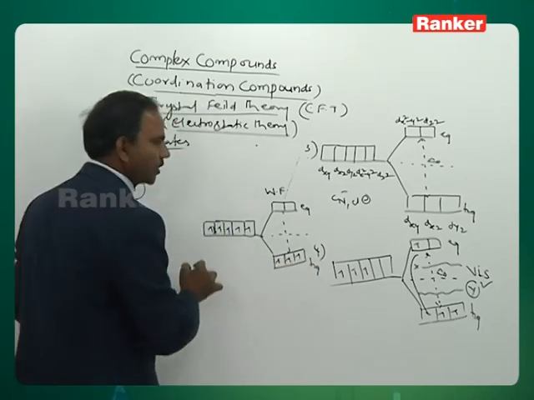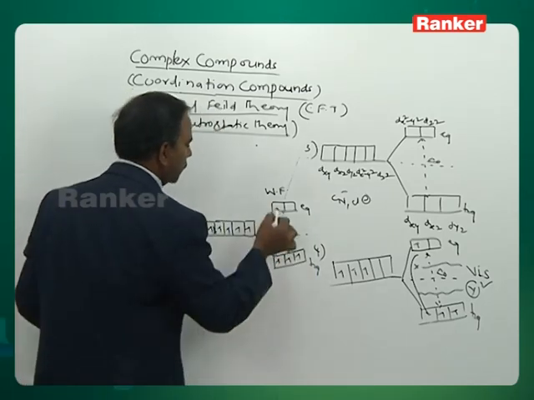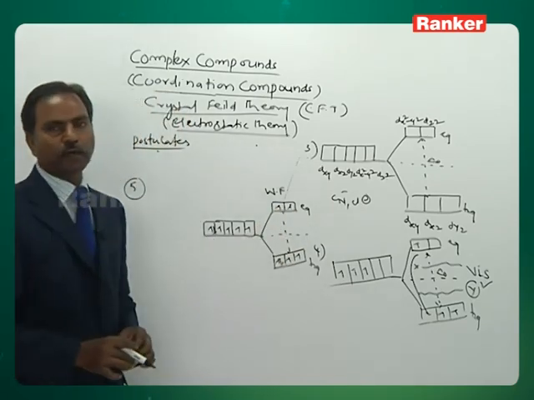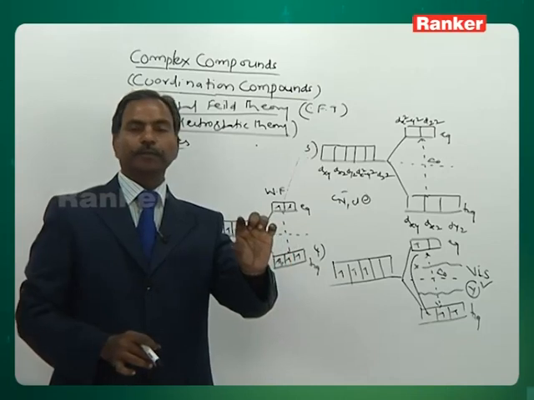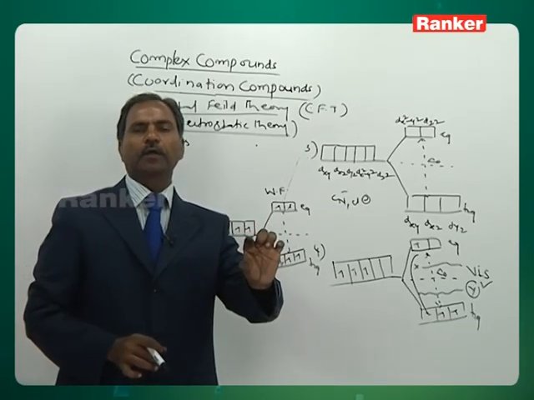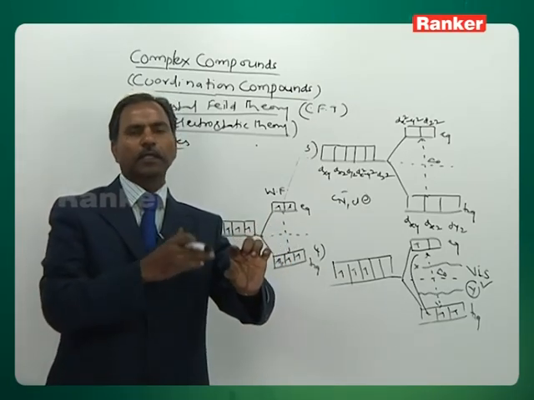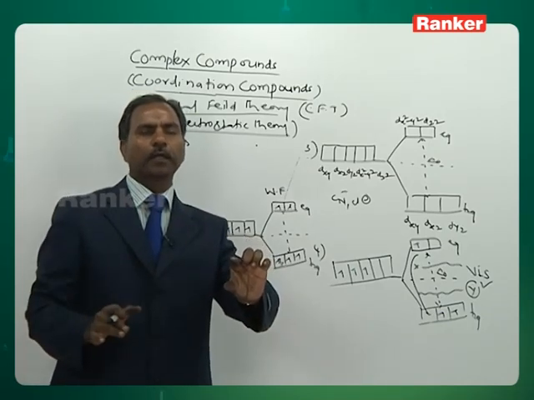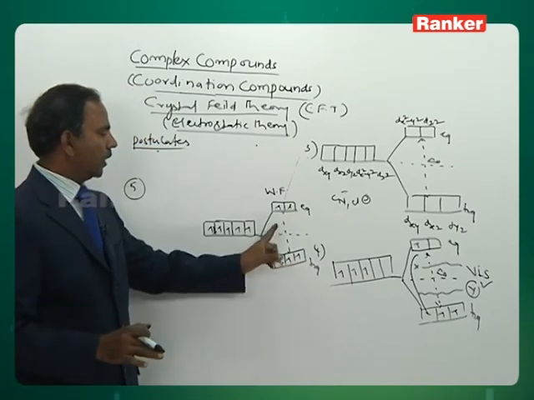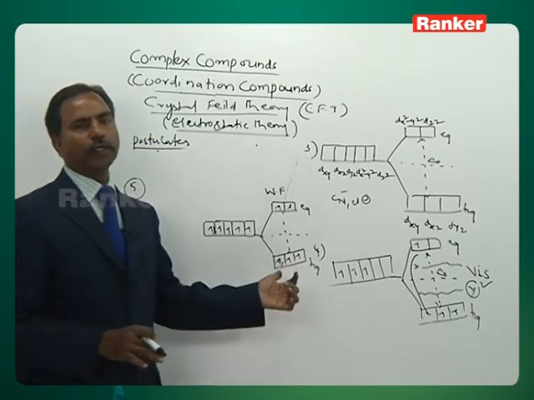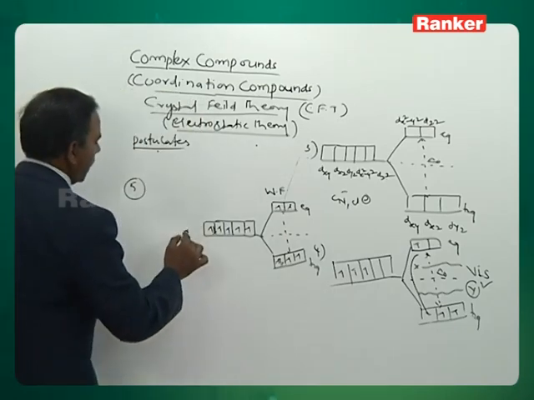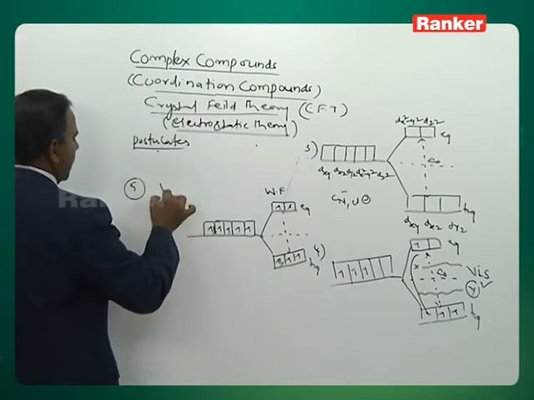With 6 electrons, the electrons fill all the orbitals uniformly, lower and higher. Therefore, unpaired electrons are there, and the resulting complex is paramagnetic.